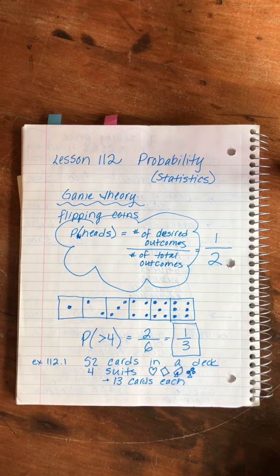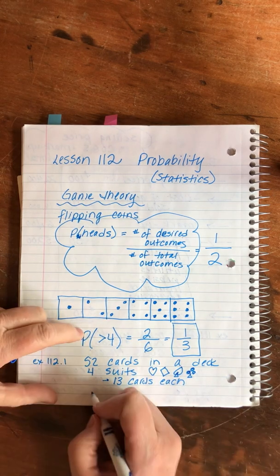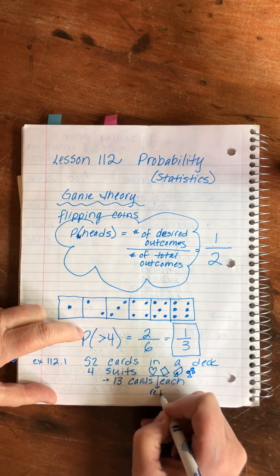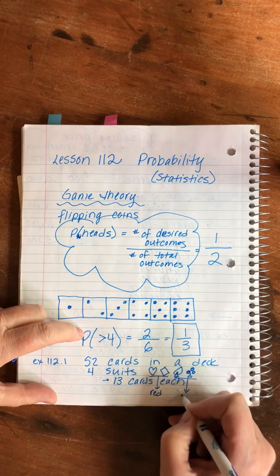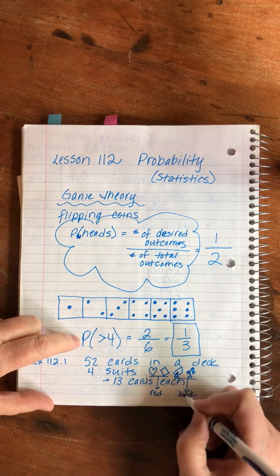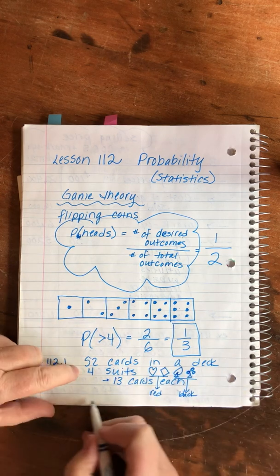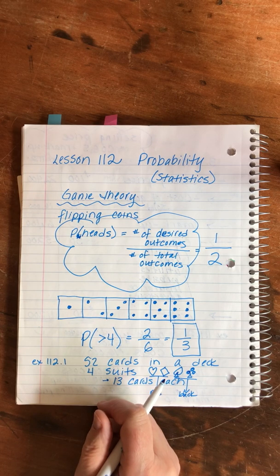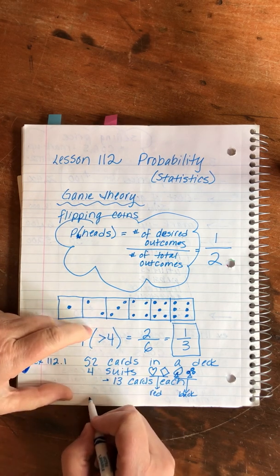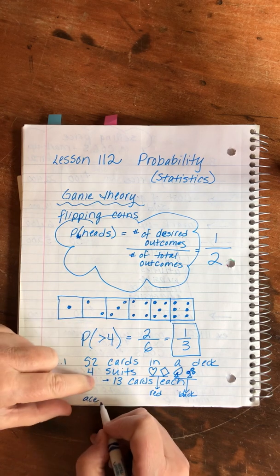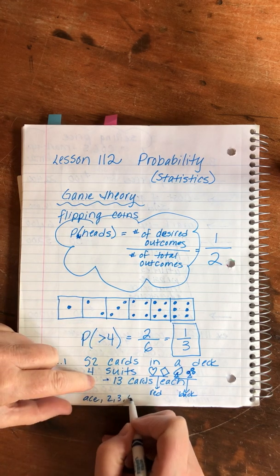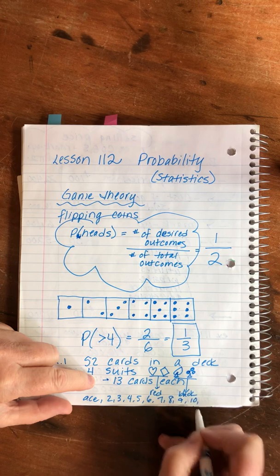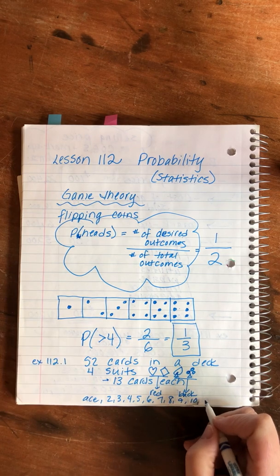And I don't know that we need to know this in this lesson, but these two are red suits. These two are black suits. So there's 13 cards in each, and it goes aces, which kind of act like the ones, and then it goes 2, 3, 4, 5, 6, 7, 8, 9, 10, and then it switches over to the people, right?